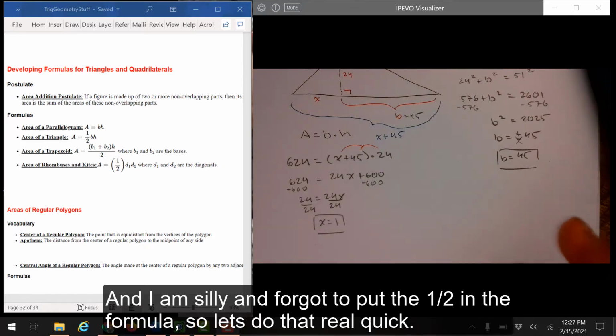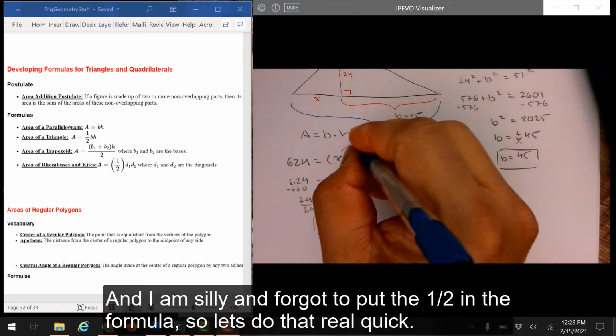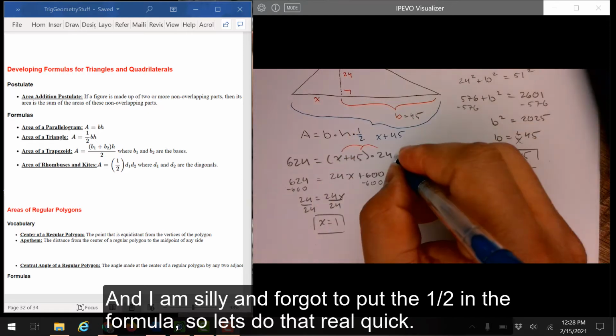And I am silly and forgot to put the 1/2 in front of the formula, so let's do that real quick.